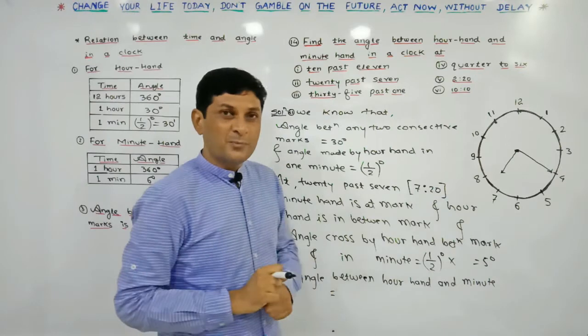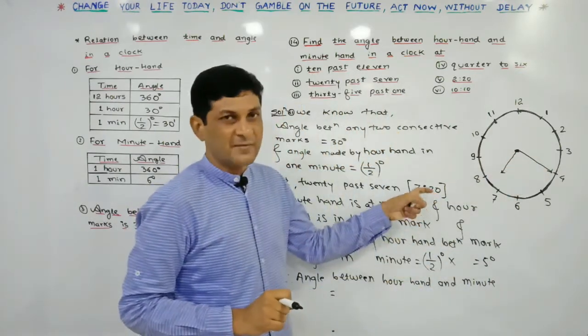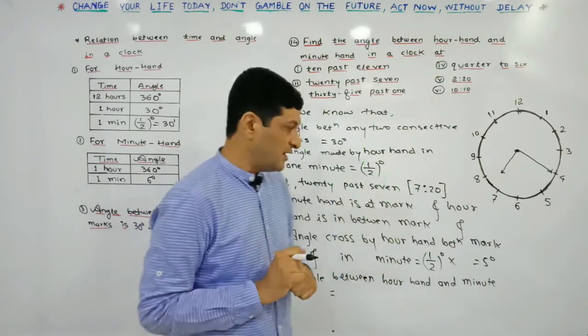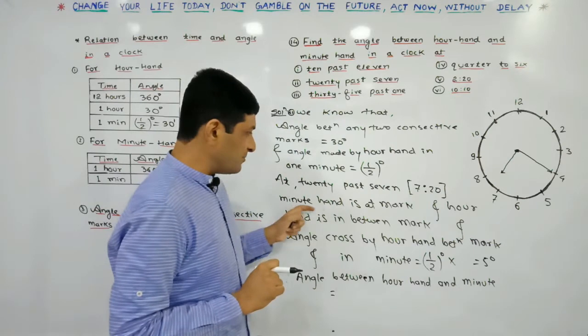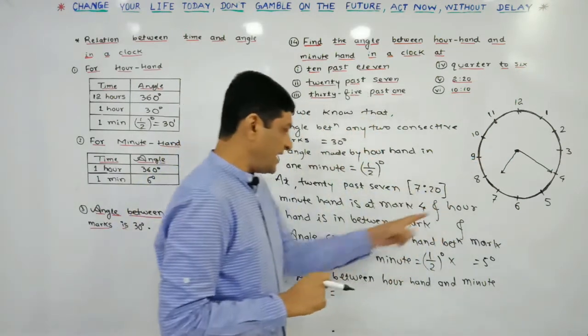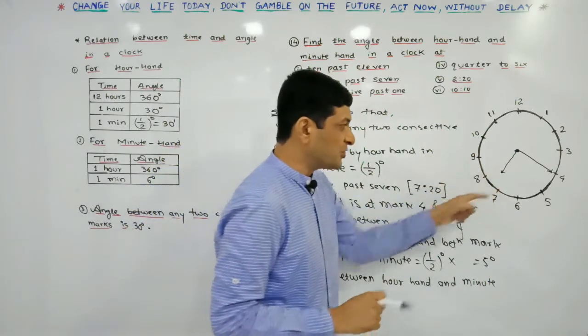Means this will be the position of the hour hand and minute hand at 7:20. So here, write down all this information which we have shown in the figure. The minute hand is at mark 4, and the hour hand is in between mark 7 and 8.